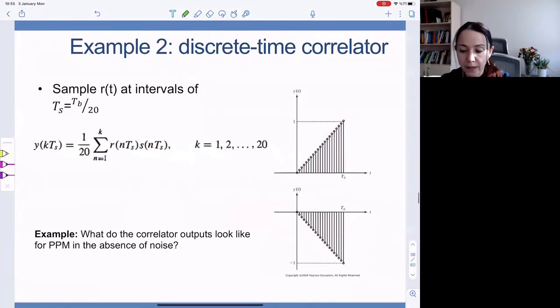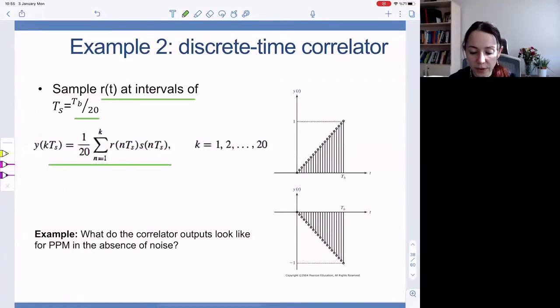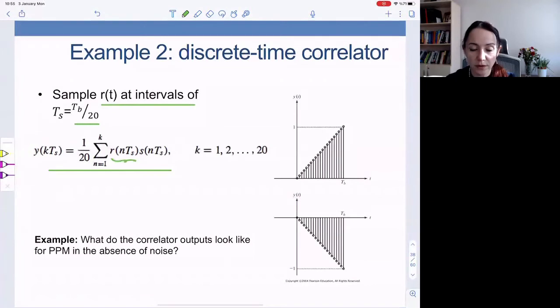Okay. Now, this thing can be done in discrete time. Suppose R of t was sampled at intervals of, for example, bit interval divided by 20. Then we would be having this discrete time integration, which is summation of sampled values of R multiplied by the sampled values of the basis function.